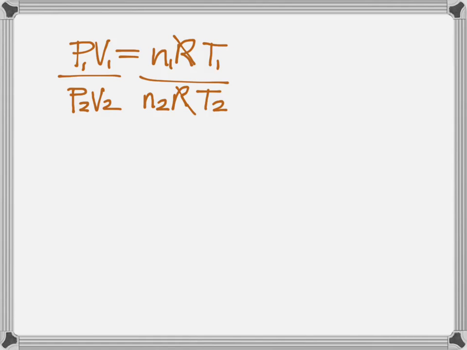So say we have a situation where we have constant number of moles and constant temperature. Well, if the number of moles aren't changing, then n1 is going to be equal to n2, and they'll cancel out, right? And if the temperature doesn't change, then T1 and T2 cancel out.